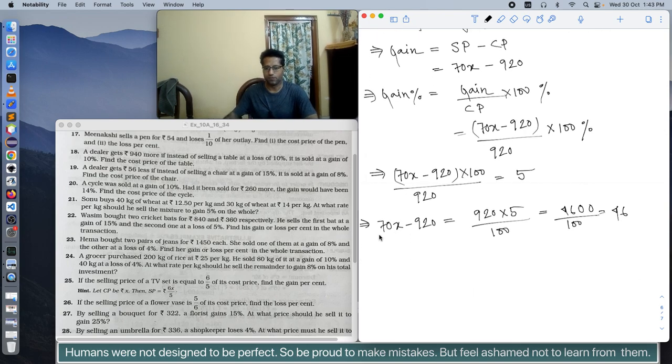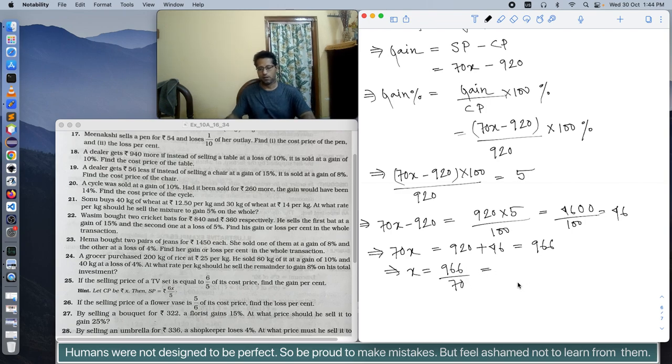Okay. So we have 70x minus 920 is equal to 46. This is a simple linear equation in X, and we can easily solve it. We have 70x is equal to 920 plus 46, which is equal to 966. This implies X is equal to 966 divided by 70.